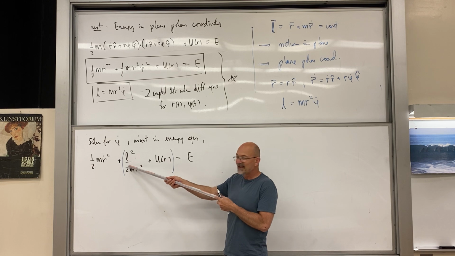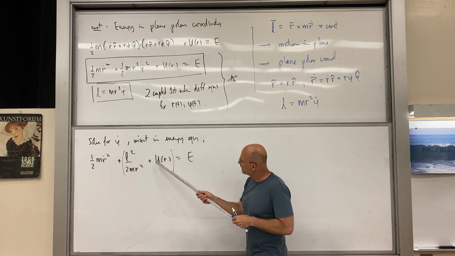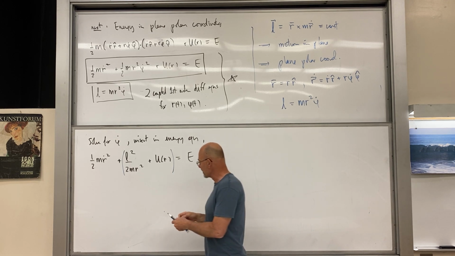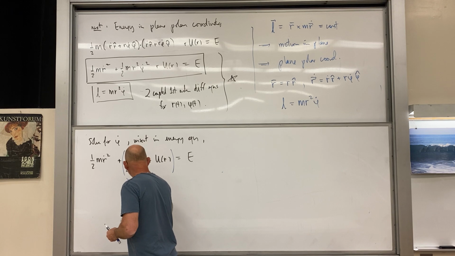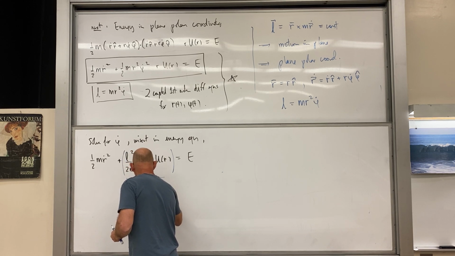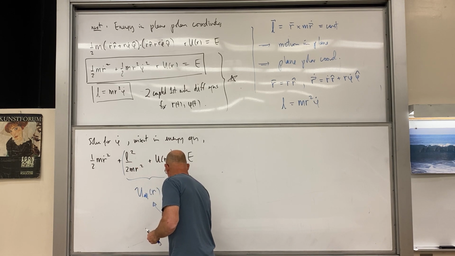This came from the kinetic energy, right? This term came from here, but we're going to lump it in with the potential energy and refer to this here as the effective potential, U effective of r. Effective potential.